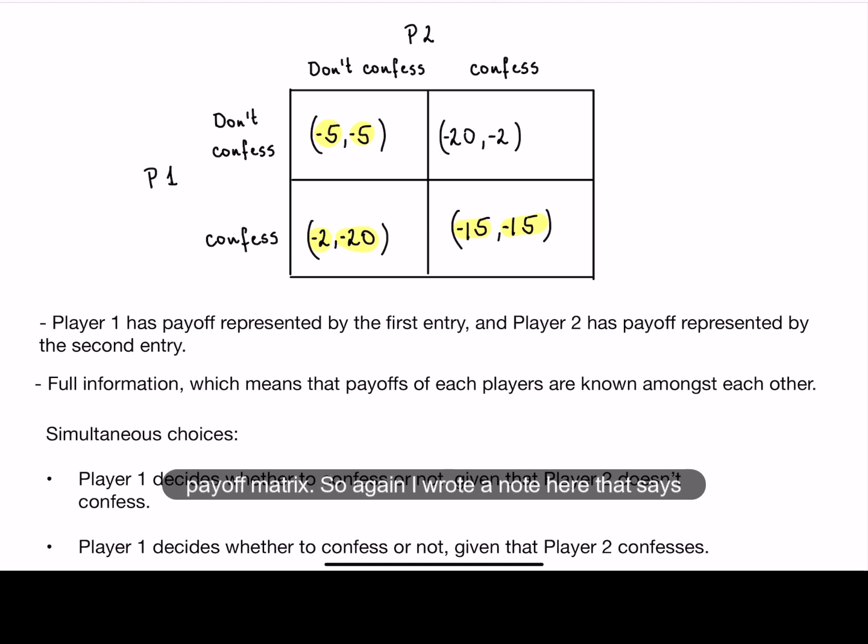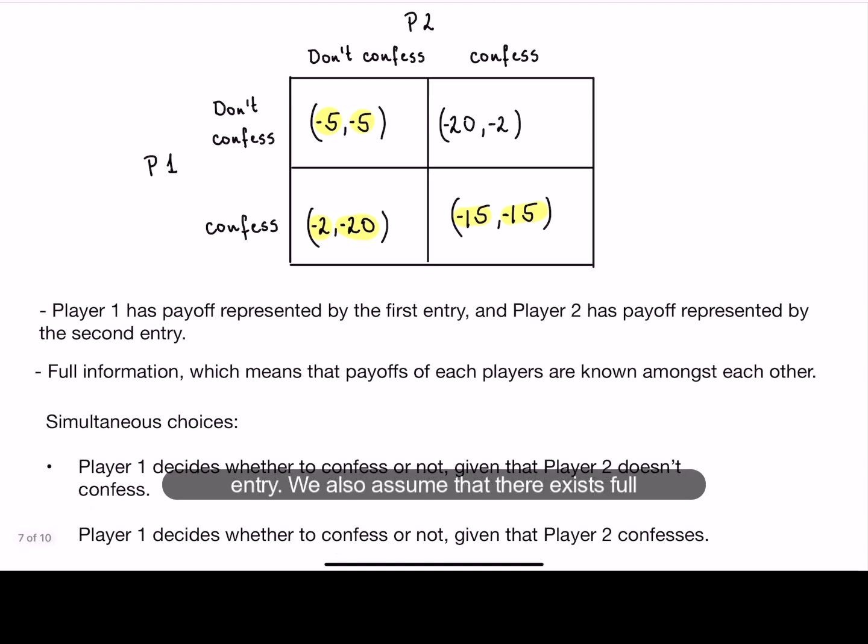Okay. So again, I wrote a note here that says player 1 has payoff represented by the first entry, and player 2 has payoff represented by the second entry. We also assume that there exists full information. So this means that payoffs of each player are known amongst each other.